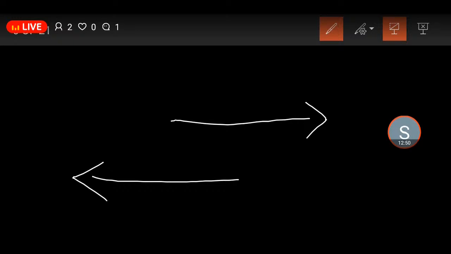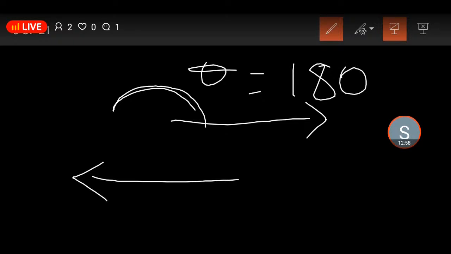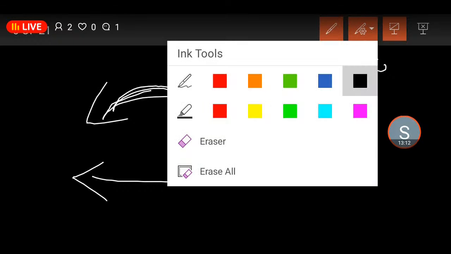See, the distance between them is like this, so your theta will become 180 degrees. If you take it clockwise it will become 180 degrees. By applying some rule, I will probably tell you in this class what that rule is, by the vector law of addition. You can understand there.